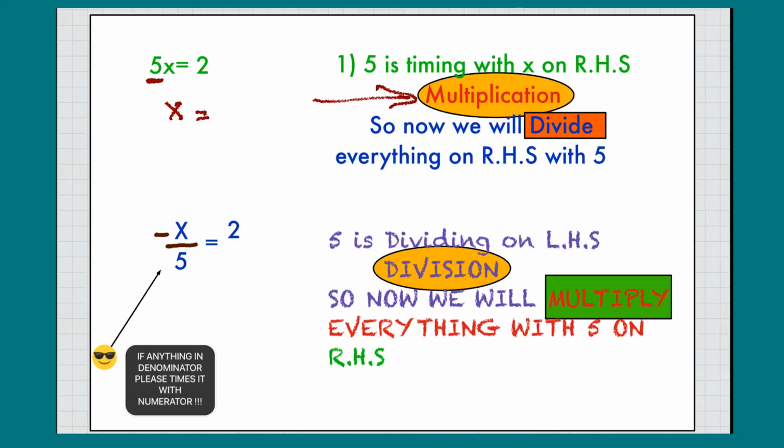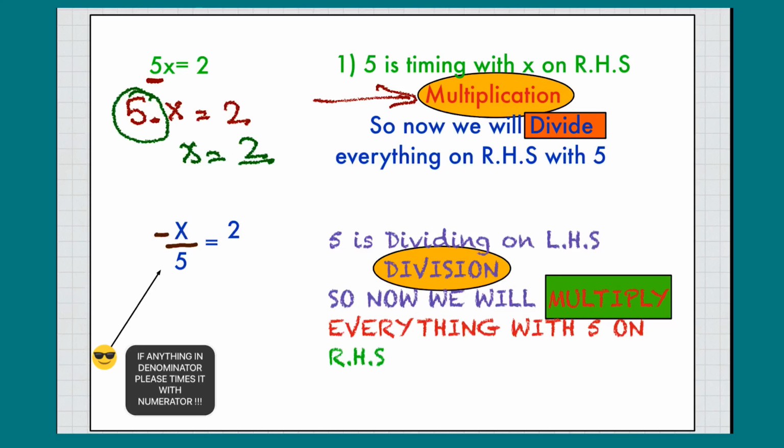We will divide the right hand side by 5. So now x equals 2 over 5.